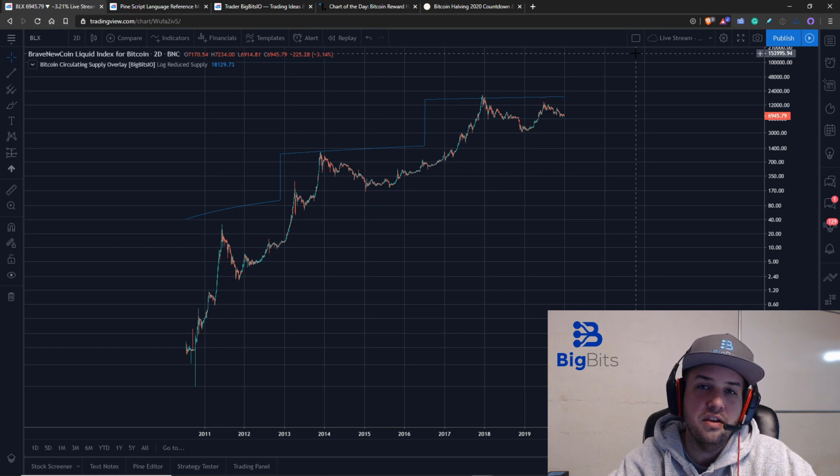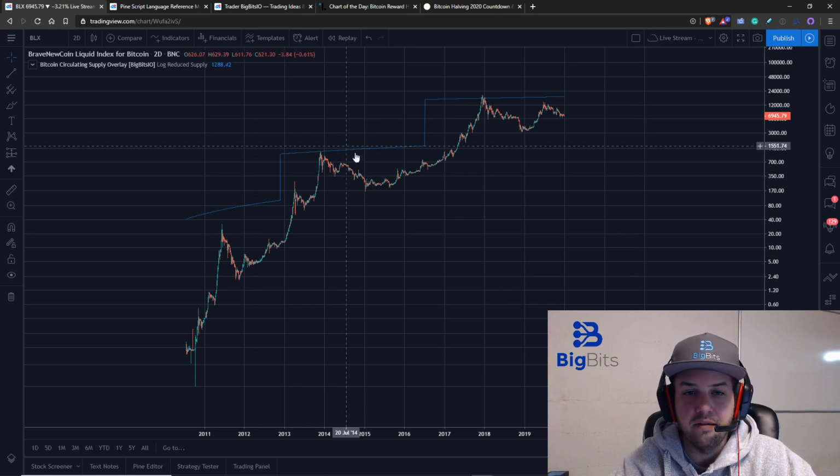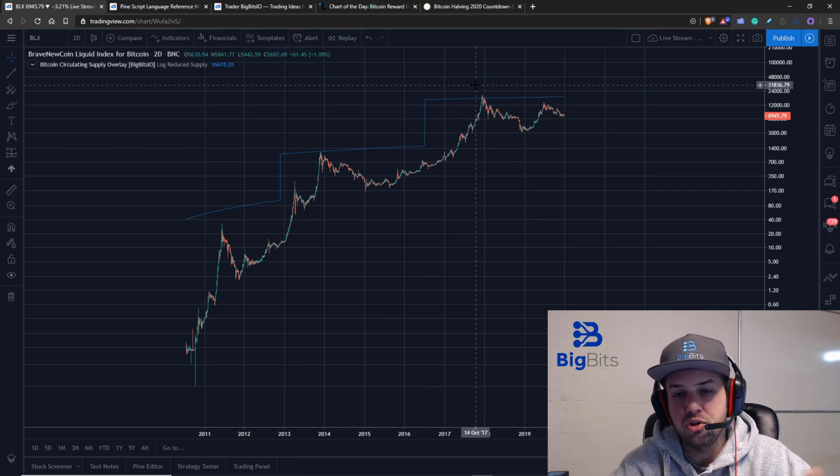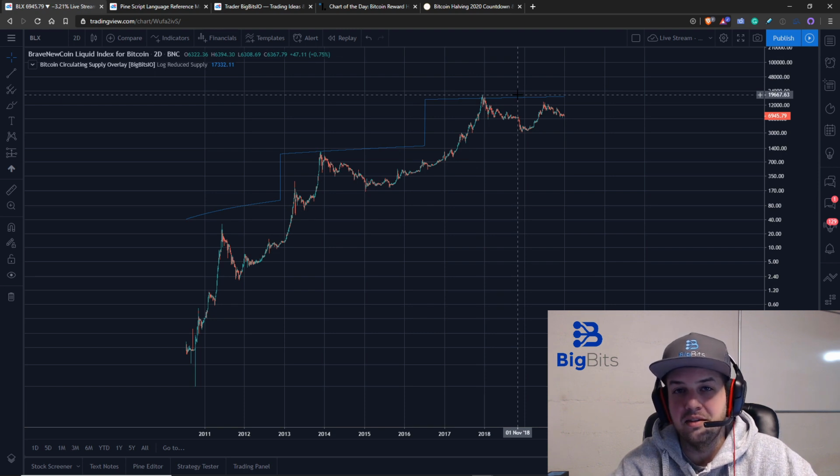But if we continue to reduce with this log scale as I have for the past two halvings, then eventually we won't be able to reduce it anymore, and we'll just be multiplying that supply by 1. And since there's a maximum of 21 million coins, that means eventually the price of Bitcoin could get up to 21 million. And that's just absurd to think about, and likely, very, very likely, is not going to happen.